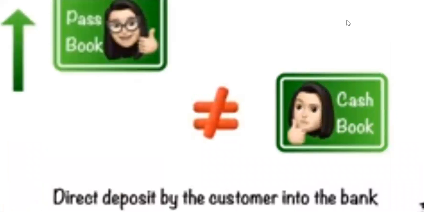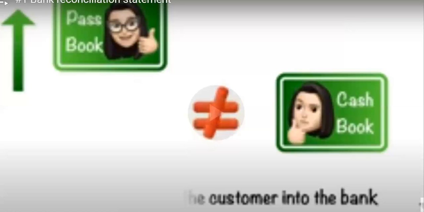Our passbook will increase, but the cash book remains the same because the customer directly deposited the amount into our bank account. The bank passbook automatically increases our bank balance. At the same time, we don't know that our customer will pay directly to our bank account, so our cash balance is not updated. The cash balance remains the same, while the passbook balance increases.